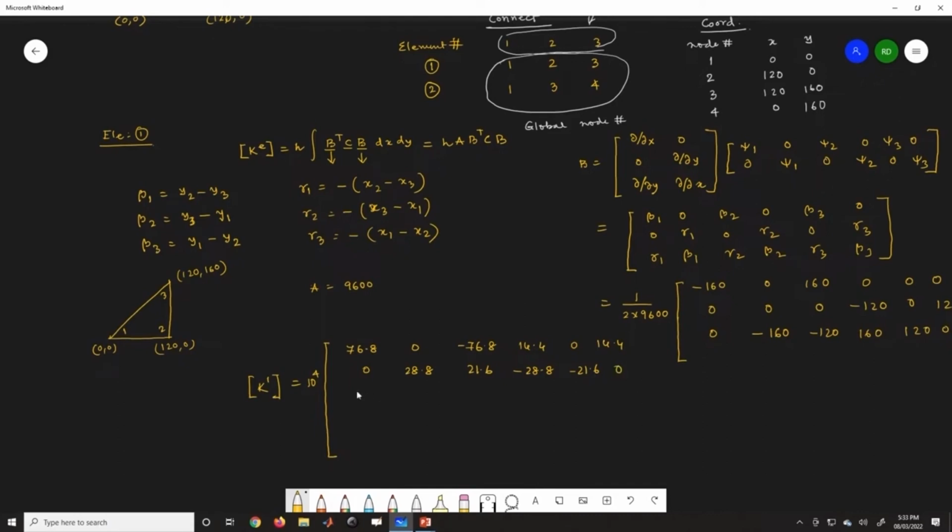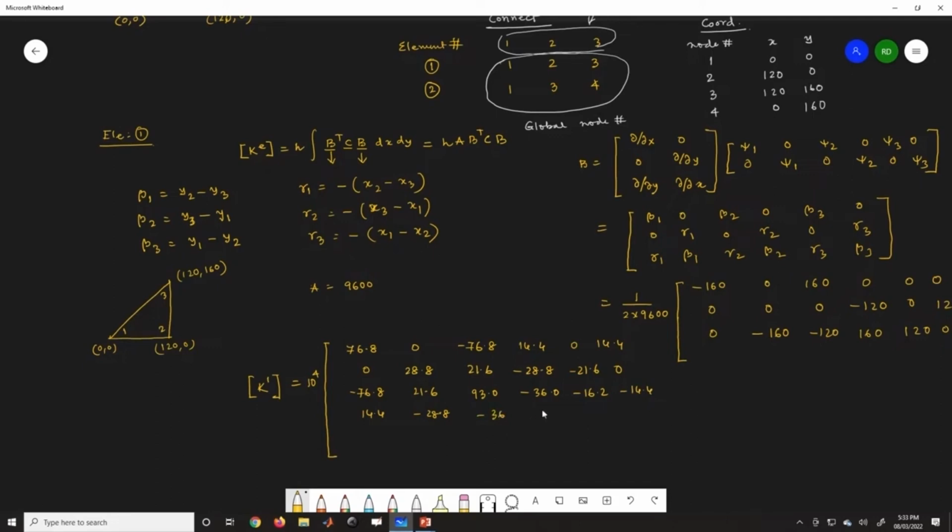So the stiffness matrix will be a 6 by 6 stiffness matrix, because you essentially have 6 degrees of freedom per element. So that is minus 36, and then minus 16.2, and then you have minus 14.4. Then again you have 14.4, minus 28.8, then you have minus 36.